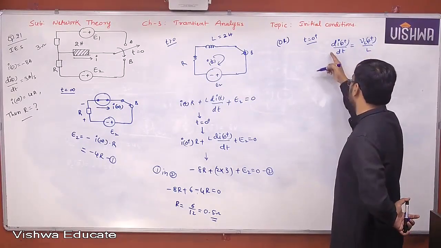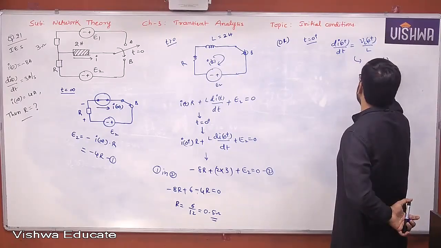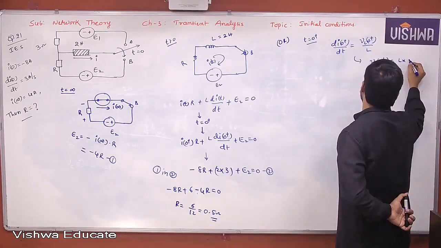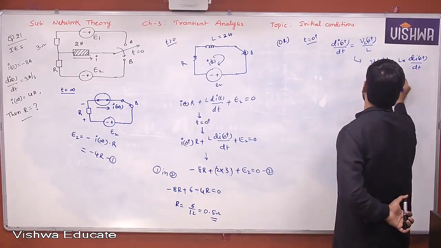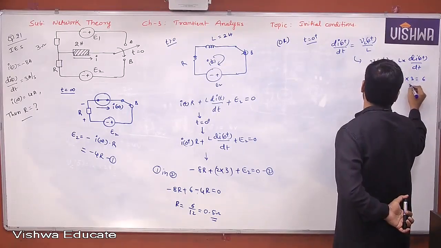What is VL of 0 plus actually here? It is L into di of 0 plus by dt. L is nothing but 2 Henry, and this is 3, so this is 6 volt.